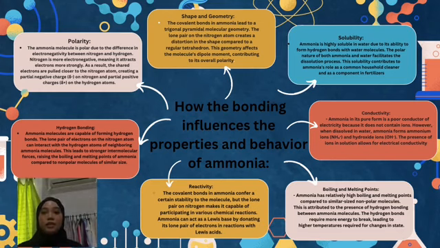As a result, the shared electrons are closer to the nitrogen atom, creating a partial negative charge on nitrogen and a partial positive charge on the hydrogen atoms. This polarity contributes to ammonia's ability to form hydrogen bonds and affects its interaction with other molecules.